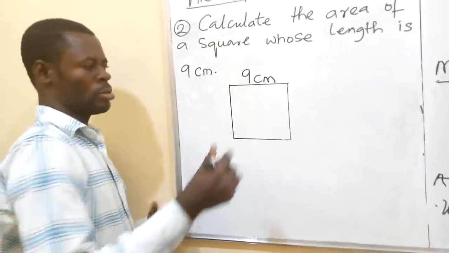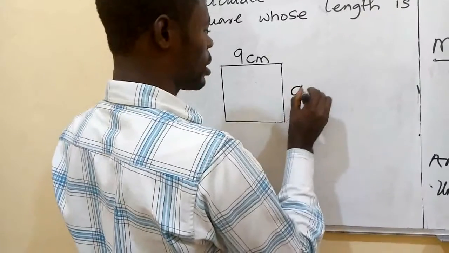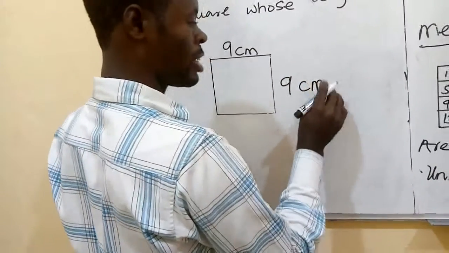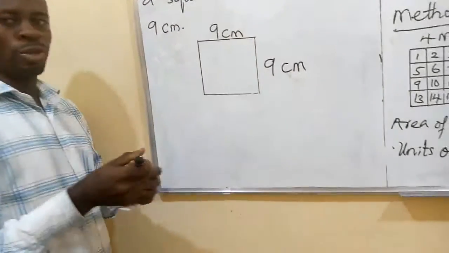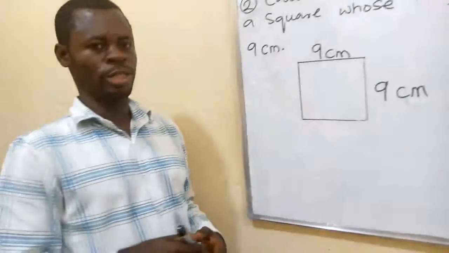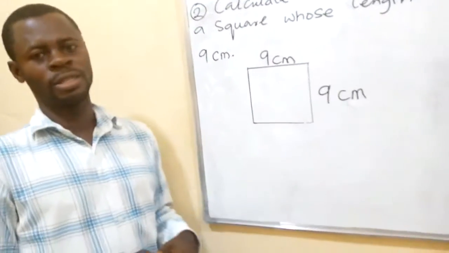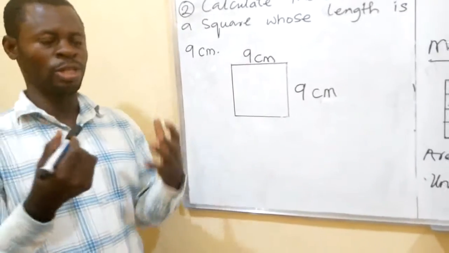So this other side is also 9 centimeters. Since it has not been given in the question, you use your own understanding and knowledge to get this other side. That is mathematics for you. You need to think, you need to reason.